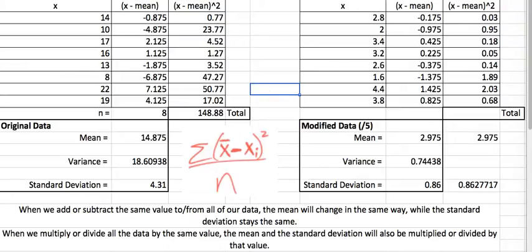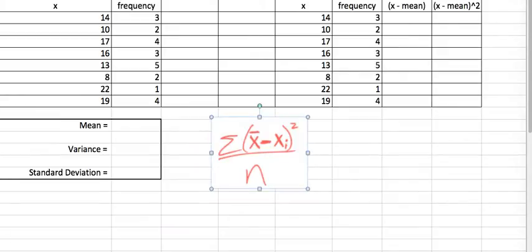Okay? So now let's consider what happens if we have frequencies involved. We have done this a little bit with the mean. We haven't done an example of this with the variance and standard deviation yet, though. So if you might remember, when we found the mean, what we did first is we multiplied each score by its frequency.